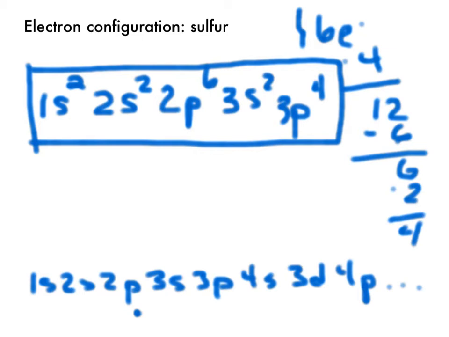If we wanted to quickly do the quantum numbers, even though it's an electron configuration, we know that the 3p has 3 orbitals. I'm going to erase all of this so that I have more space.